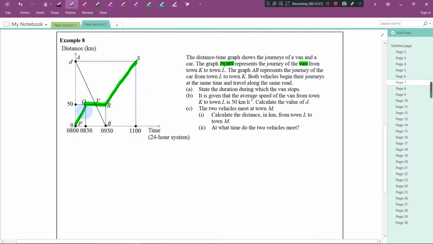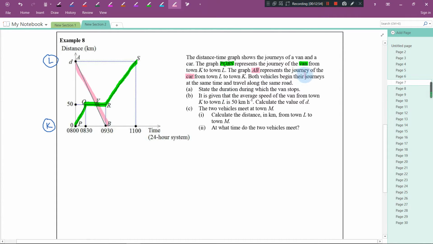From town K means that here is K, this is L. The graph AB represents the journey of the car from town L to town K. So this is our car.